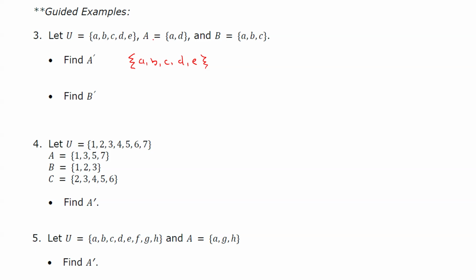So for A, we have A and D. Therefore, the complement of A would be the elements B, C, and E.